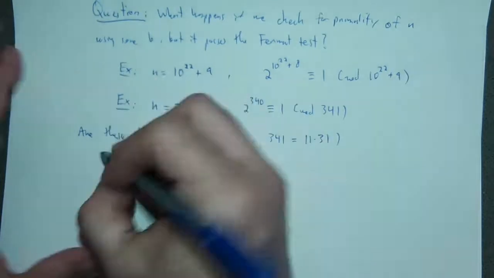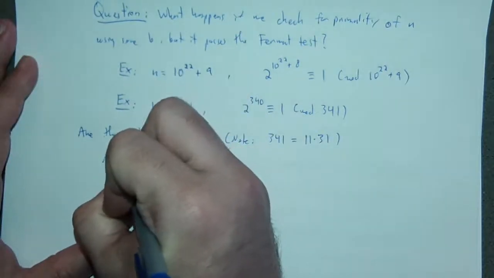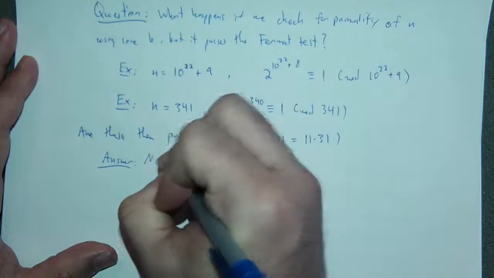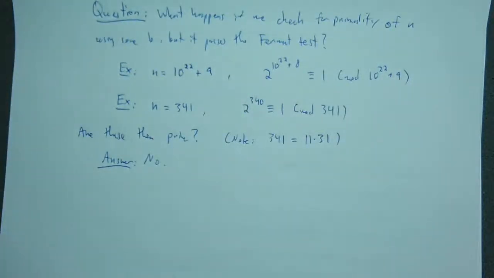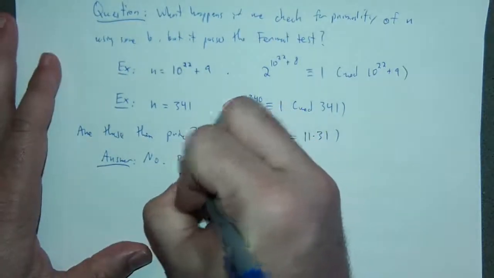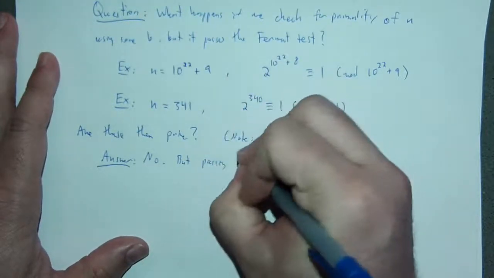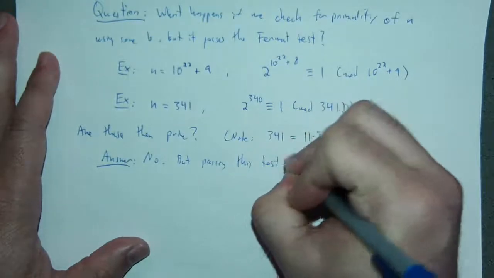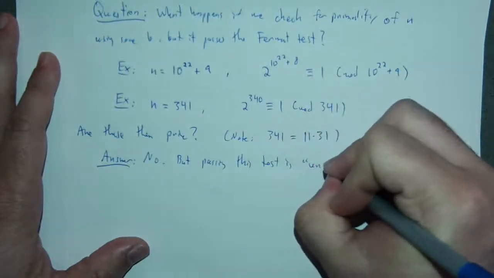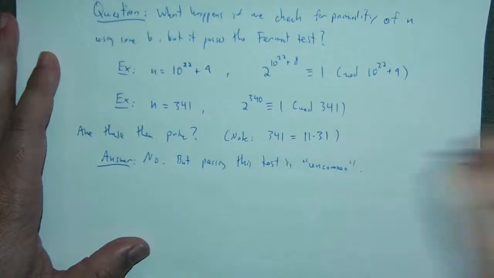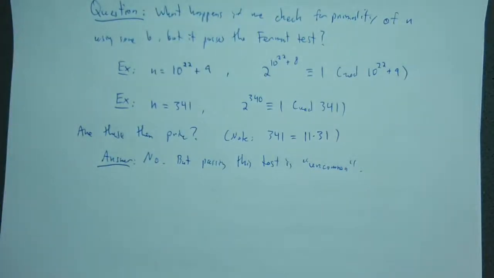So the answer, no. But passing this test is uncommon. Now you might have just said, well, we chose a b to test for that n, so why not choose another b and see if it passes?